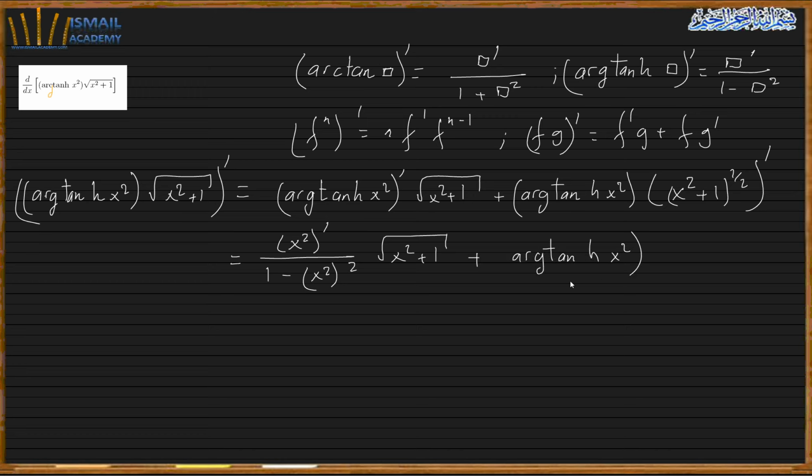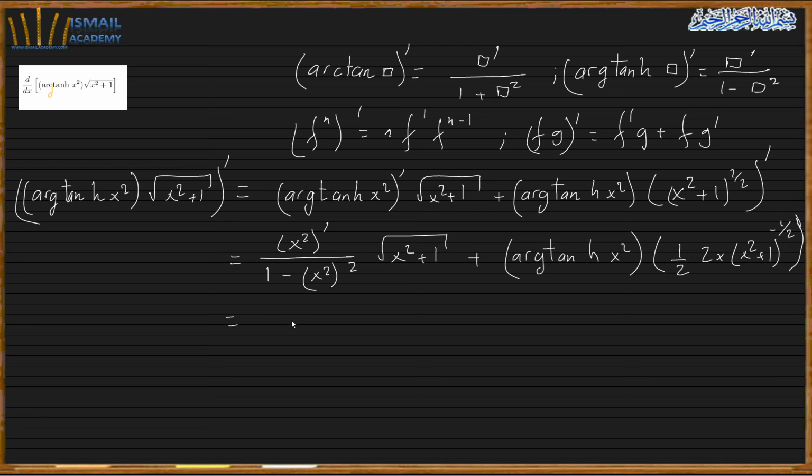of x squared, and here will be the power rule. So here we'll have half times the derivative of x squared plus 1, which is 2x, times (x squared plus 1) to the half minus 1, which is minus half.